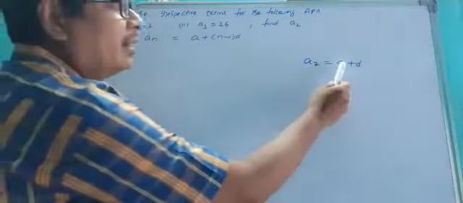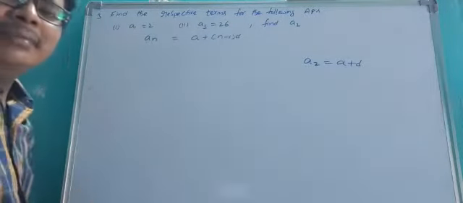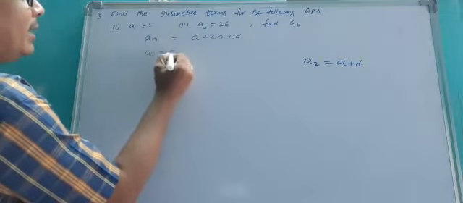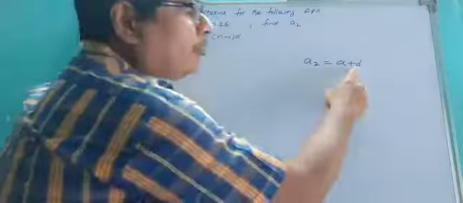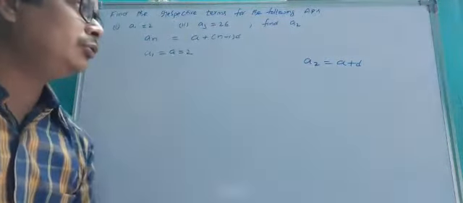Here a indicates the first term, which is given as 2, so a equals 2. Now we want to find the value of d.